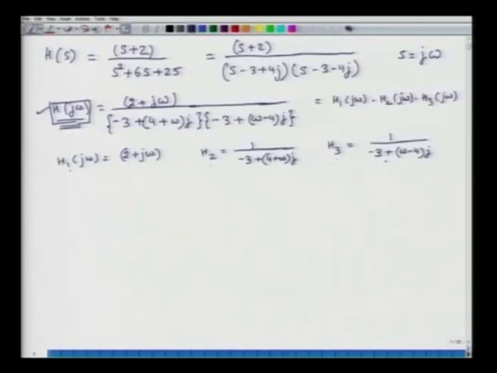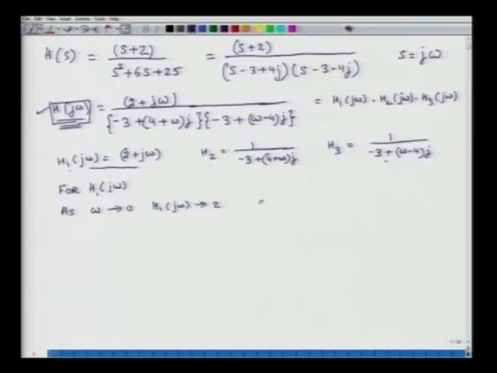So, now we are going to construct a Bode magnitude plot for H1. Once again, that is my original function. As omega is approaching 0, when omega becomes extremely small, H1 of j omega approaches 2.